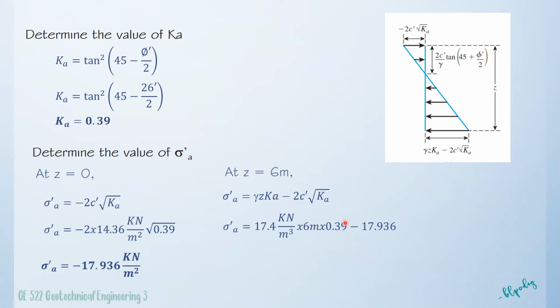And then the coefficient, which is 0.39, minus 2C prime times the square root of Ka, which, notice, is this value, 17.936. Simplifying, at Z equal to 6 meters, the Rankine's active earth pressure is equal to positive 22.78 kilonewton per meter squared.